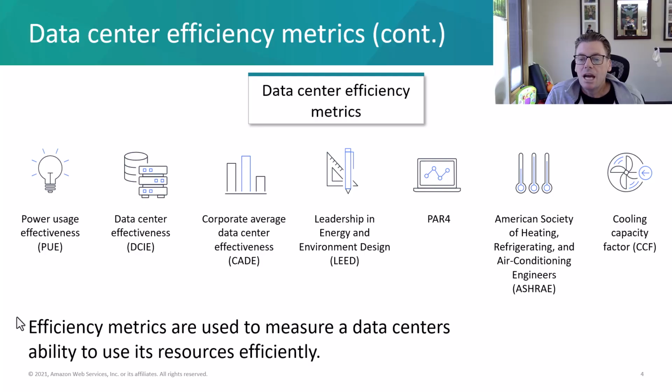We'll look at ASHRAE, or the American Society of Heating, Refrigeration, and Air Conditioning Engineers, and we can look at our cooling capacity factor, our CCF. So if we use these metrics, we can compare them to other data centers out there, or other non-data center related efficiency metrics that are out there.